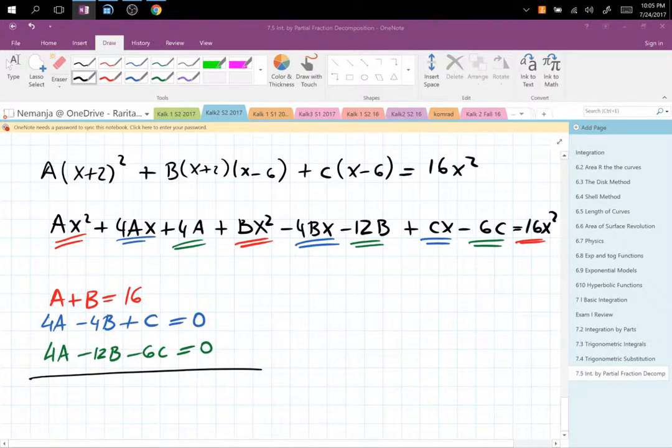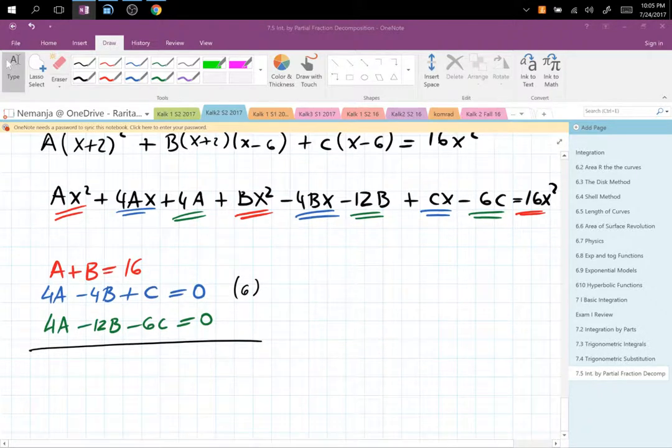Well, we eliminate C from these two equations by multiplying the top by 6. So copy A plus B equals 16. And we multiply the top equation by 6 and we add equations, and that will kill off C.